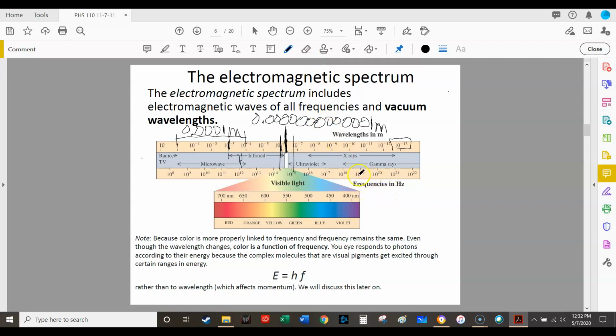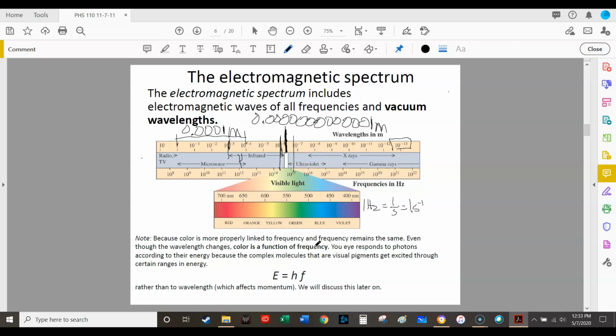That's this right here, and these are the frequencies, and 1 hertz is actually 1 over a second, which is like saying 1 second to the negative first power. So it's almost like a measurement of time, but it's actually more appropriately a measure of frequency, right?